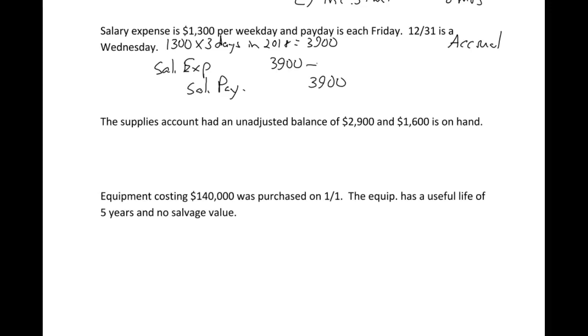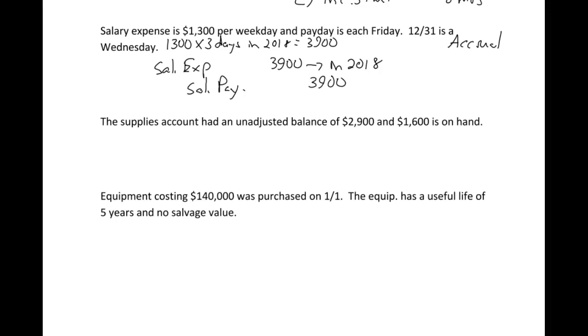So once again, this now is getting recorded in 2018. This payable reflects that we owe them, and we will pay them on Friday, just like we do every other period. Now look, the Thursday and Friday that we're still missing here, the other $2,600 for Thursday and Friday, that will be basically another salary expense for the $2,600, but that's going to be part of 2019. So remember, we're just wanting to make sure that we put everything in the correct time period.